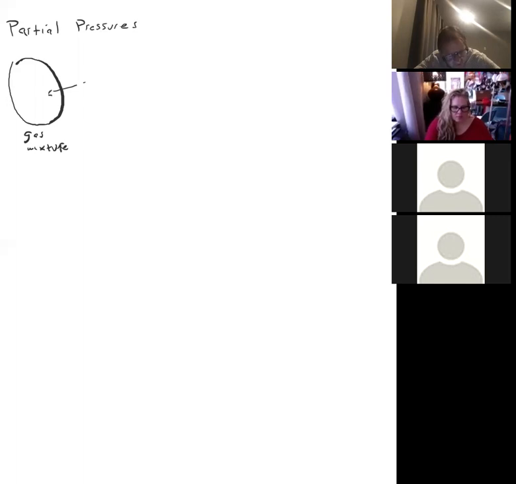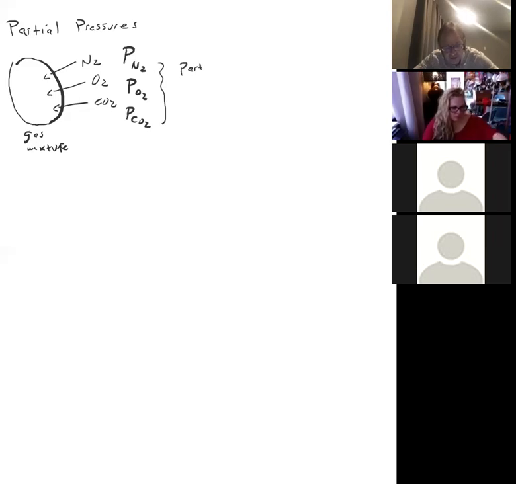Let's say we have O2 in there, and we have N2 and CO2. What we want to do is find out what the individual pressures are of those gases. Those individual pressures are called partial pressures, partial because they're part of the total.